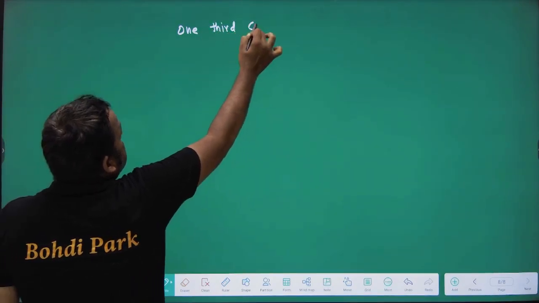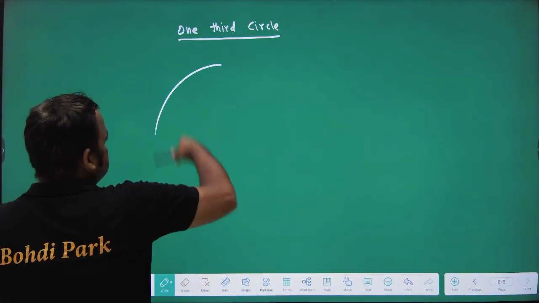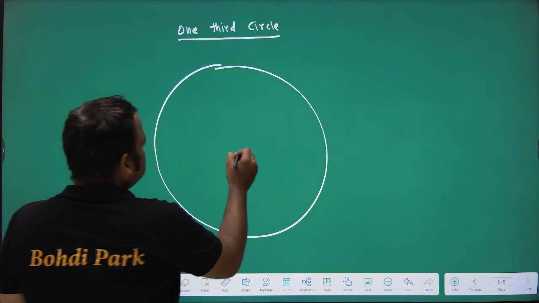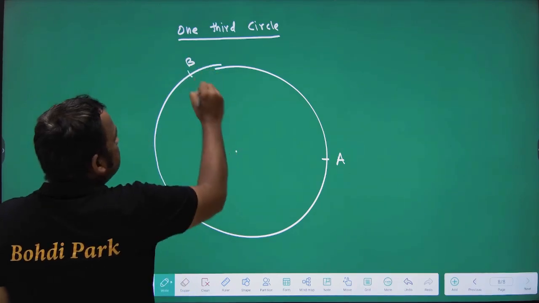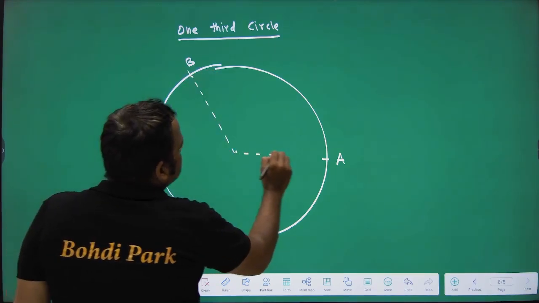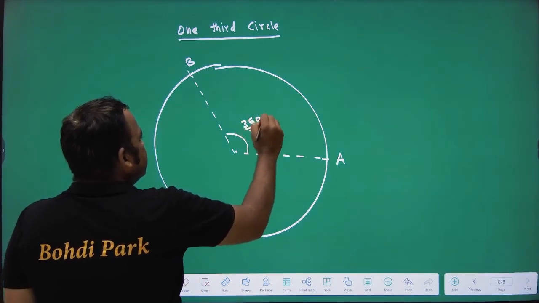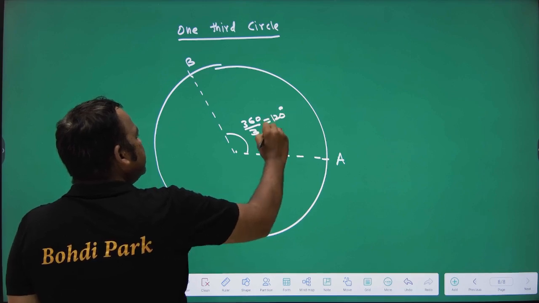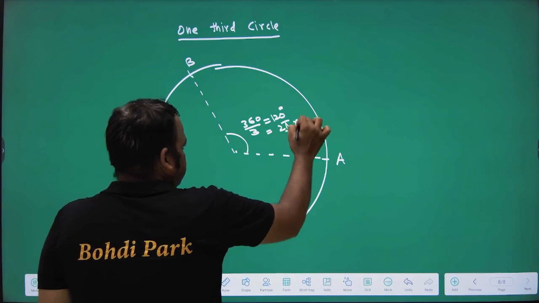For a 1/3 circle, this is point A, this is point B. The angle covered will be 360 by 3, which is 120 degree, or we can say 2 pi by 3 radian.